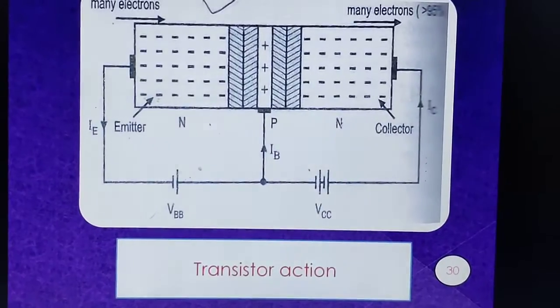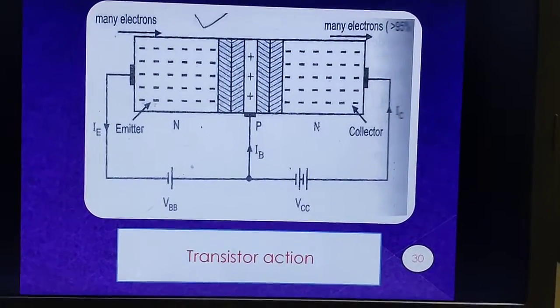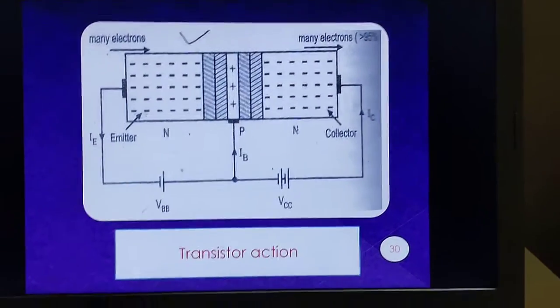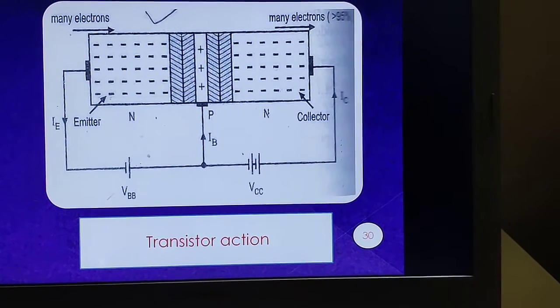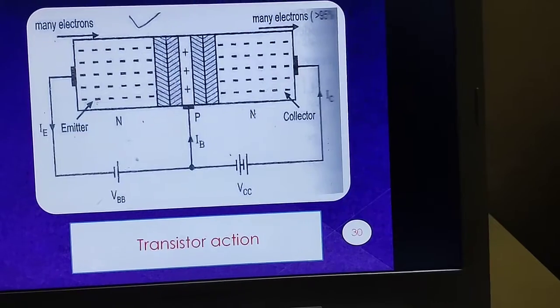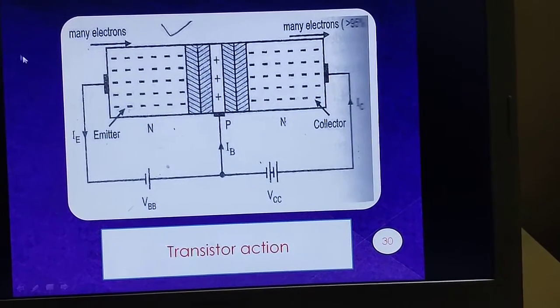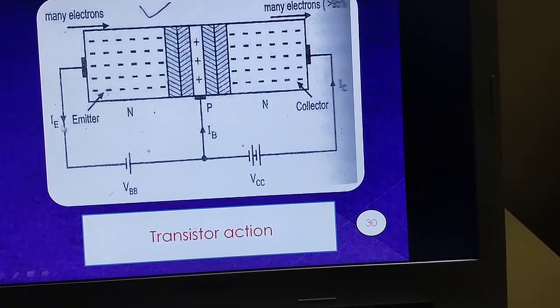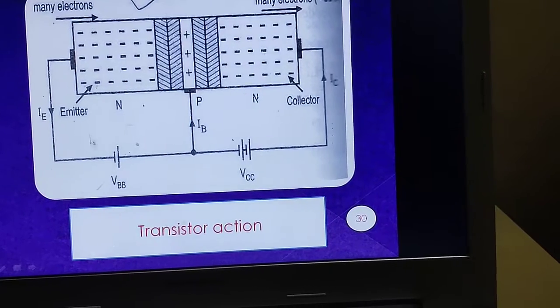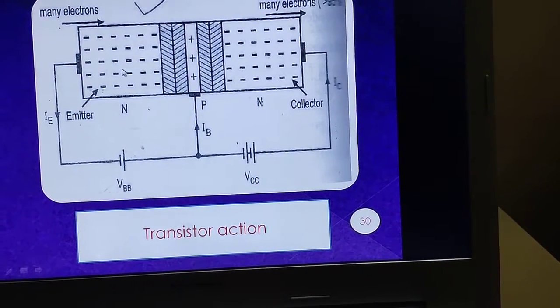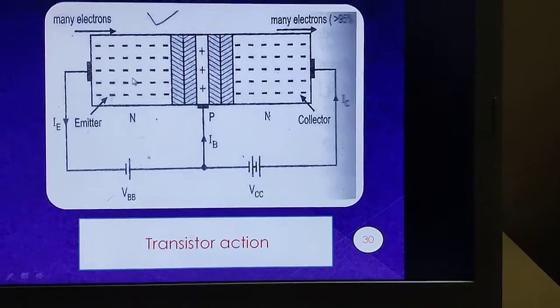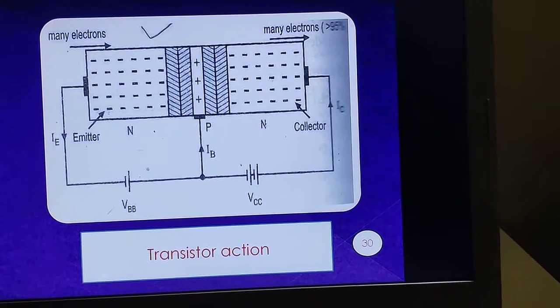See, the emitter is heavily doped, therefore in a transistor the emitter contains a large number of electrons. Let us suppose that electrons enter this junction from the power supply. Suppose 100 electrons enter inside the N type semiconductor in the transistor.